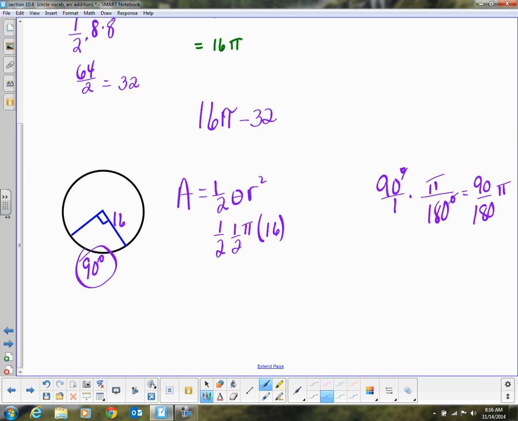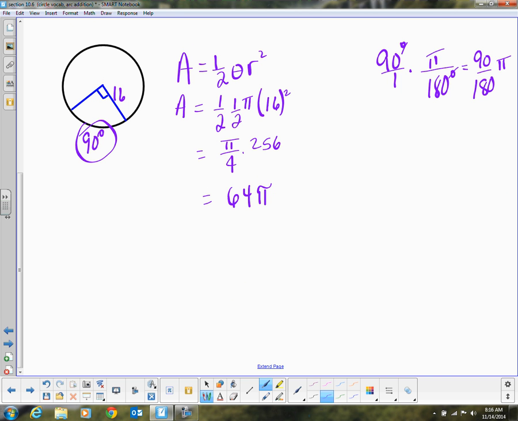Now, there were some questions before school about what we do first in order of operations. Exponents. So I can't multiply 16 by any of this until it gets squared, and that's 256. 1 times 1 times pi, 2 times 2. That's going to be 64 pi.